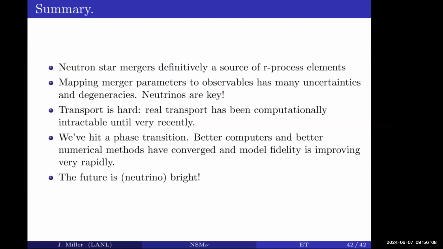I'm trying to wrap my mind around the effect of the neutrinos. One of the sources is the beta decay. Right? And another source is just heating up of the ejecta.